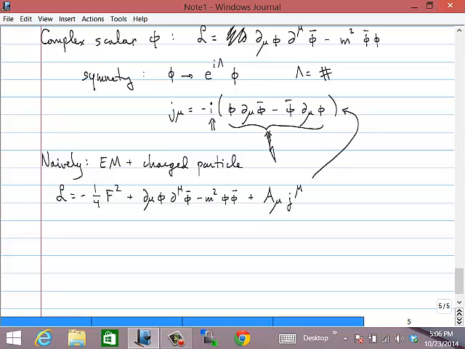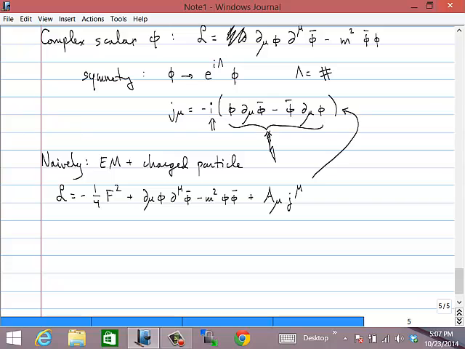Let me give you maybe another example. I could imagine that I have two complex scalar fields, and I want them to describe particles that have different charge. Then how would I do that? Well, I would write down A mu J mu for the first one, and then A mu J mu times 12 for the second one, if I want the second particle to have 12 times as much charge as the first particle. Okay.